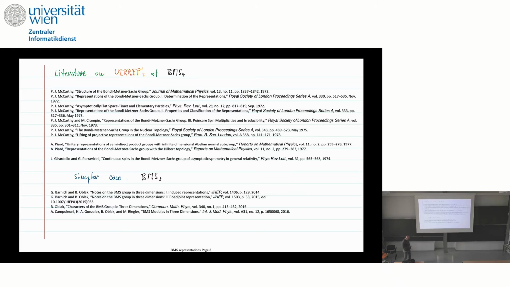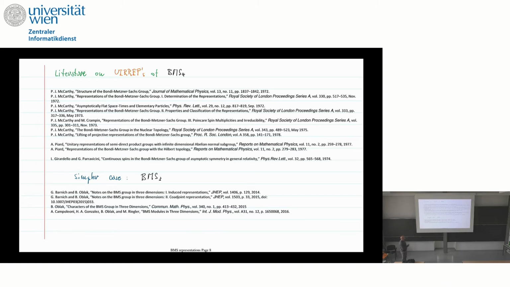Okay, so if you do not know, here is a kind of review on that. McCarthy was one of the first of the early authors to study that systematically. He was doing all the inducing of representations and all the technique that is needed, but what he was not doing is really proving that you get all of them in that way.